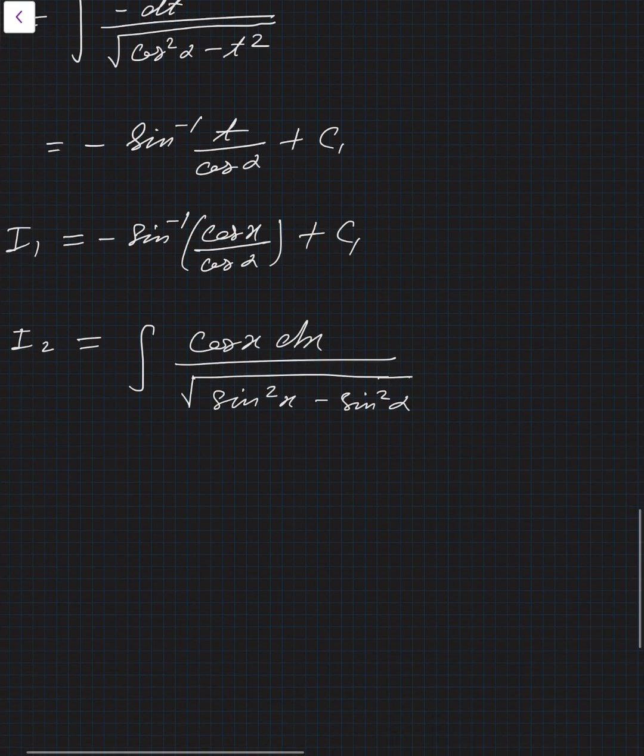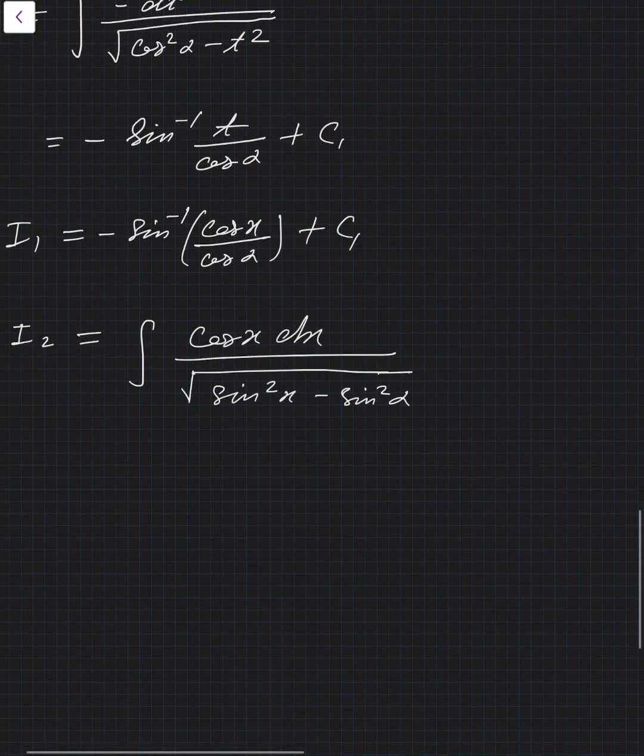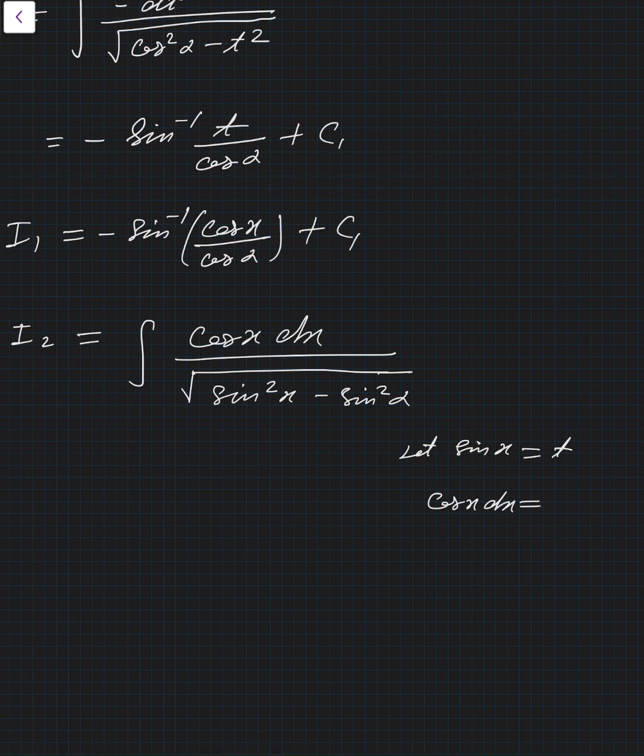Okay, now how can we do it? Let sin x be equal to t, then cos x dx will be equal to dt.